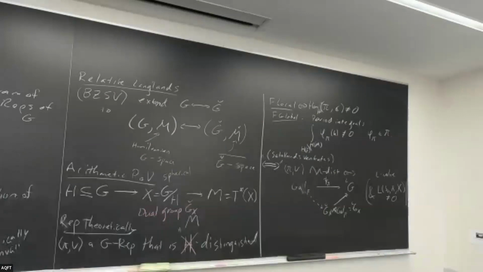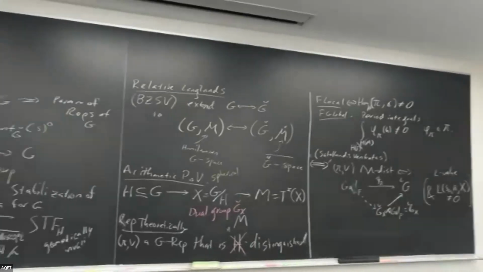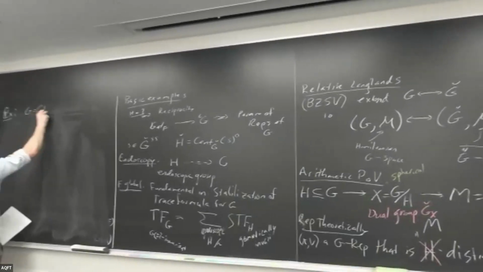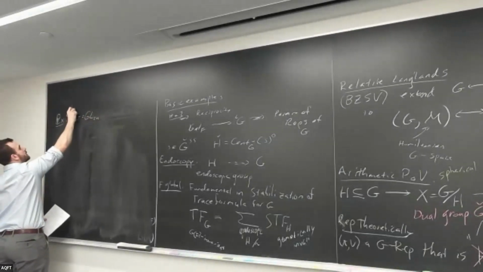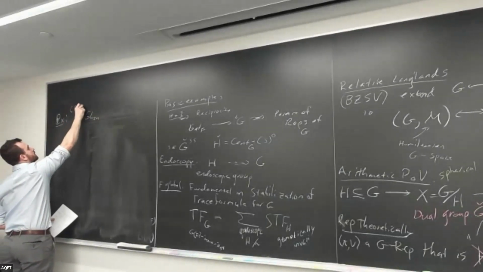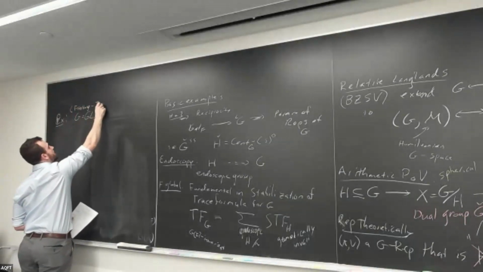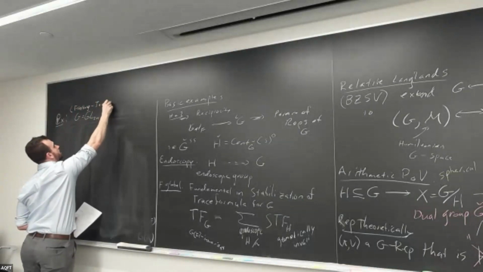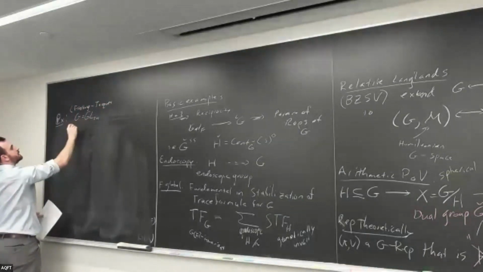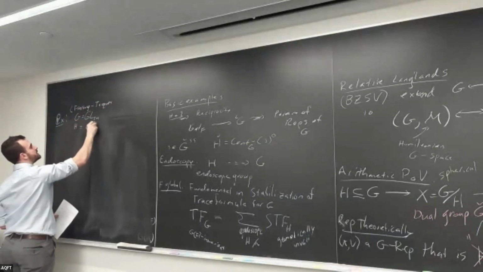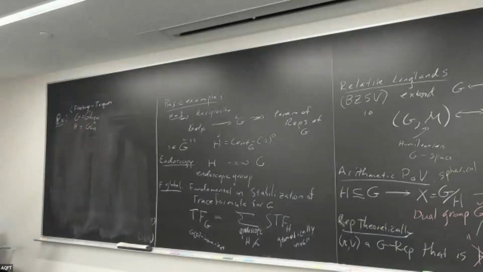So let me give an example that will be an important guiding one for us. The case that I think is the most illuminating is due to Friedberg and Jacquet. They take G to be GL_2N and H to be this maximal Levi subgroup GL_N squared.